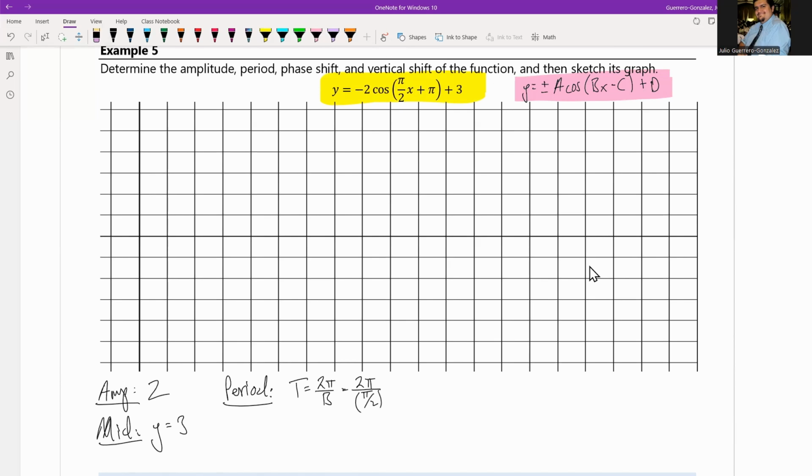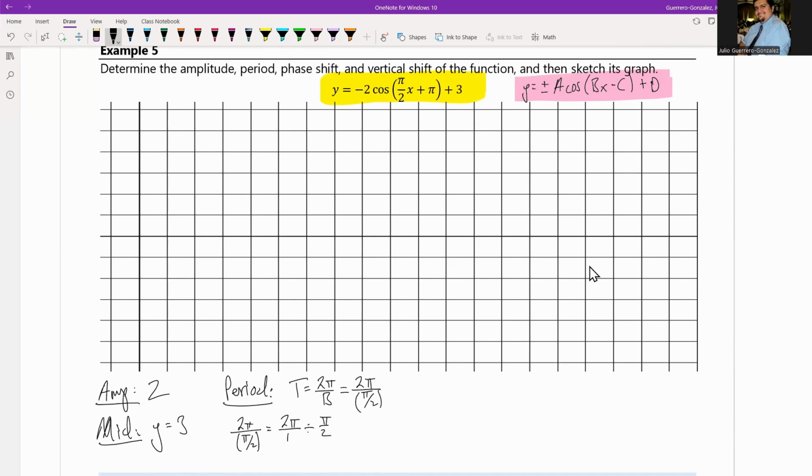Hopefully you remember what I said just now: you have to be comfortable with fractions. So I have 2π divided by π over 2. That is equivalent to 2π over 1 divided by π over 2. I'm rewriting a fraction of fractions as the division of fractions.